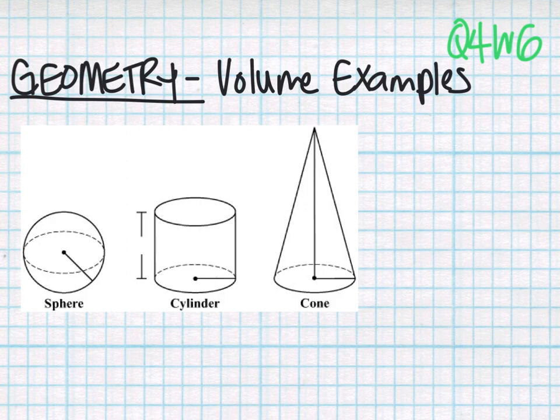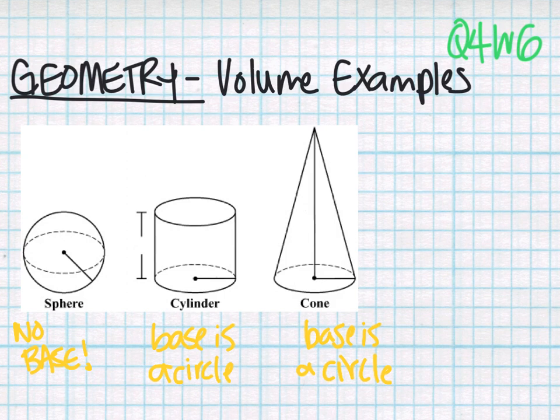And the base for both the cylinder and the cone is a circle. But for the sphere, there's no base.